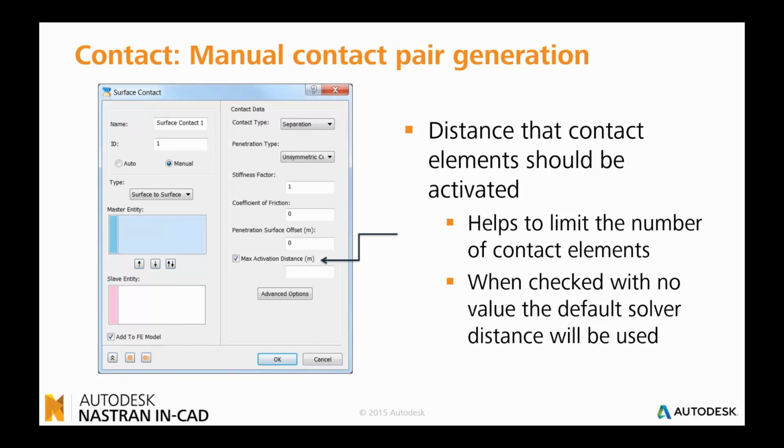This is used to assign contact between elements within specific limits, and using this method helps limit the number of contact elements. And note that when the maximum activation distance dialog box is checked, but it's left blank, it then uses the default value from the solver distance. Okay, so this is the distance you've entered previously.